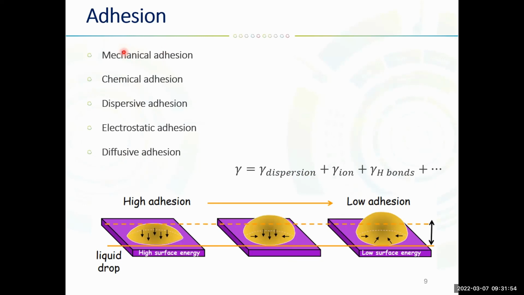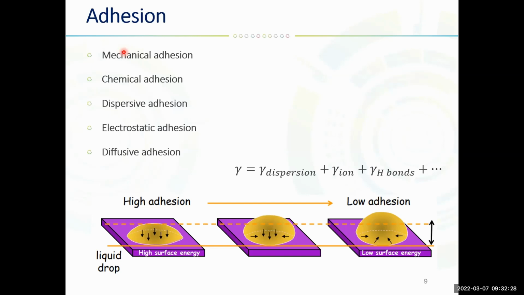Again, adhesion is determined by the molecular force of attraction between unlike materials. Cohesion is for two similar materials. And the adhesion that results when material 1 comes into contact with material 2 is related to the force of attraction between the unlike molecules of these two materials.